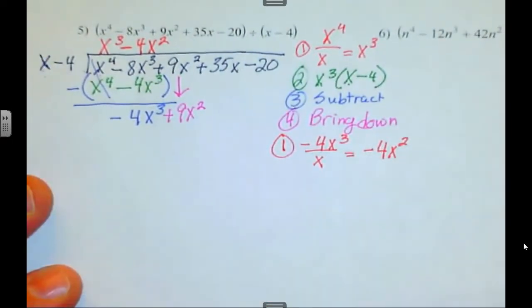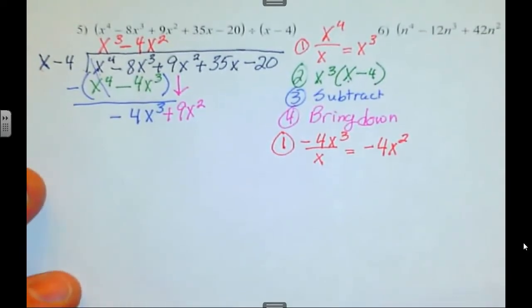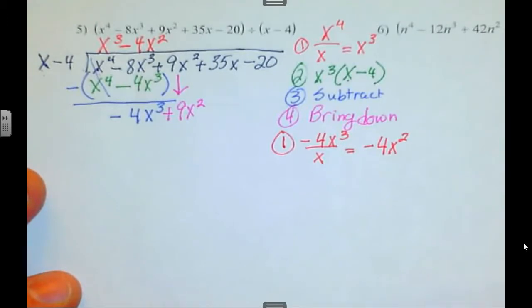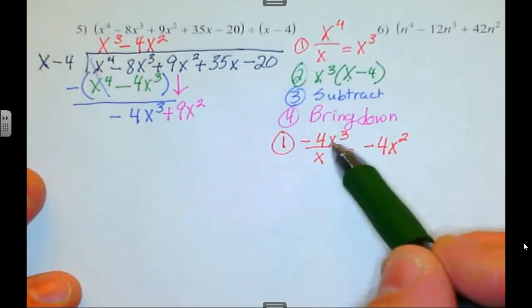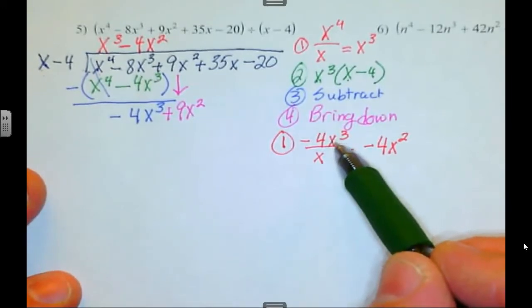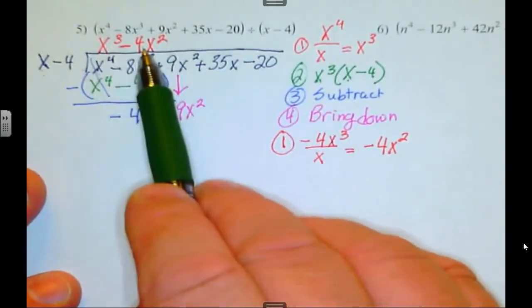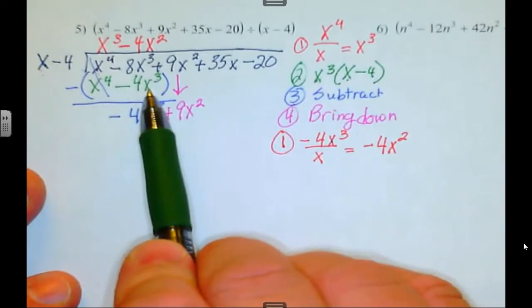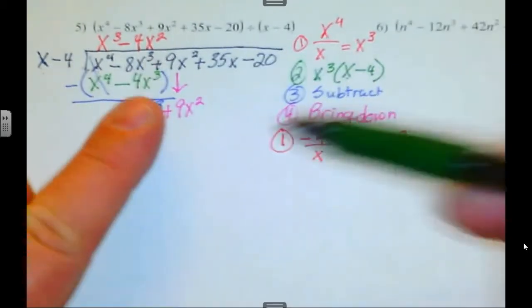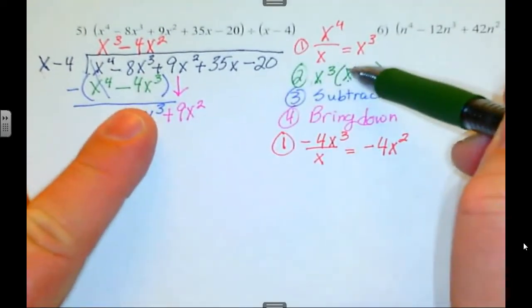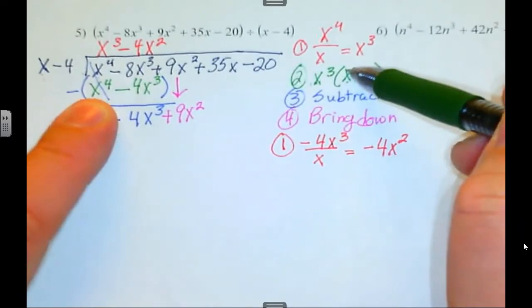I'm lost. Where did you get the x to the 4th minus 4x cubed? Where is that? Is that this term? See where you're on green. This one? Where did you get that? Okay. So I got x cubed times x is x to the fourth.